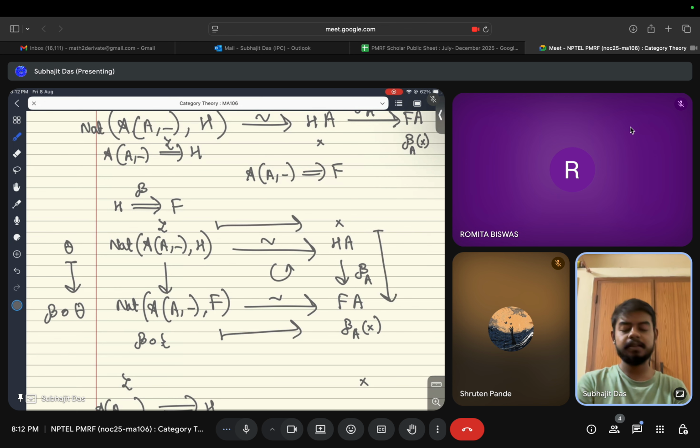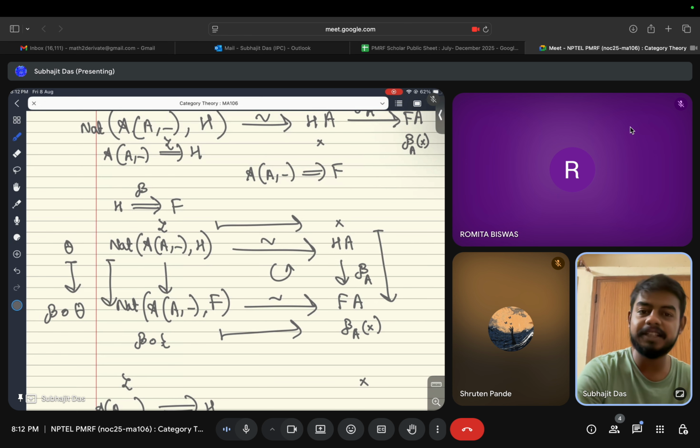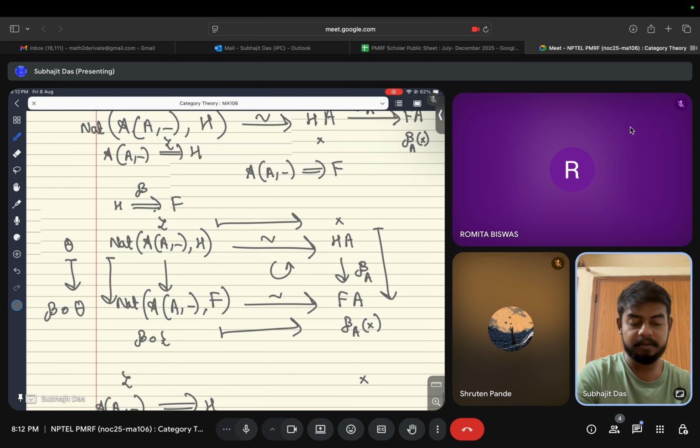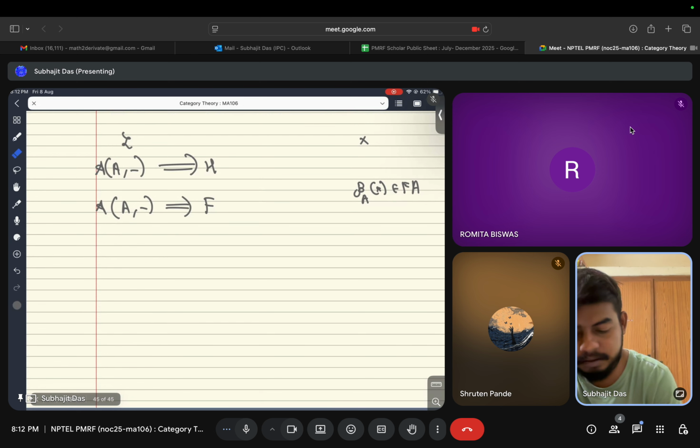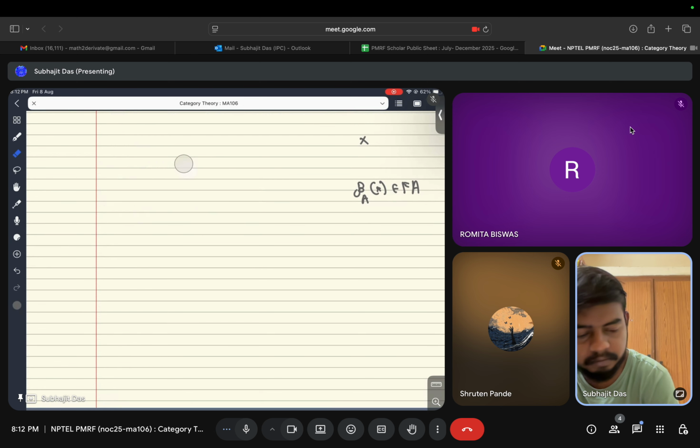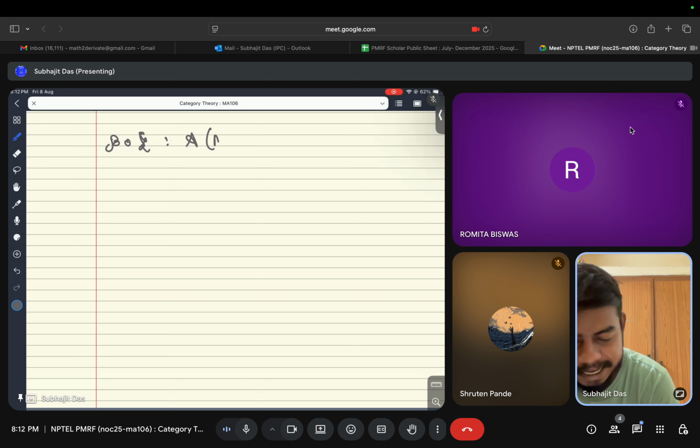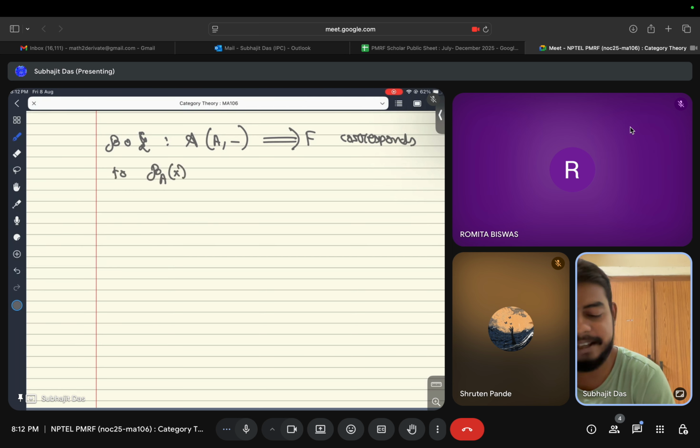The square commutes says exactly this, that beta composed with zeta should correspond under the Yoneda bijection that you have to the element beta A x. So there you go. So beta composed with zeta, which is a natural transformation from script A comma bar to F, corresponds to beta A of x in FA.